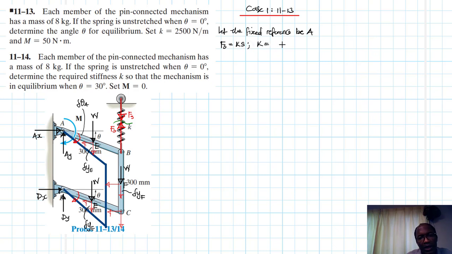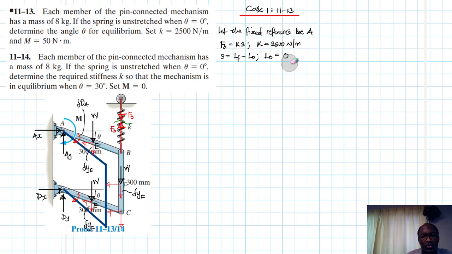We know K is equal to 2500 newtons per meter, and S is equal to L final minus L original, or L node, and we know L node at theta equals 0. The spring is unstretched. Of course, it will have an initial length, which will clear out when we subtract L final minus L node. So we can safely say L node is just equal to 0, for now.